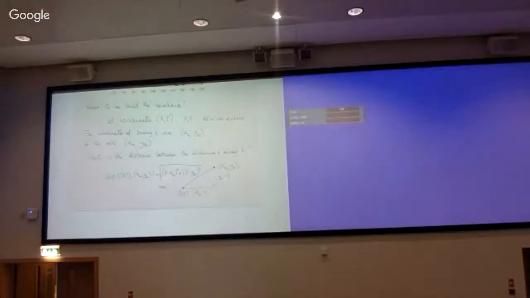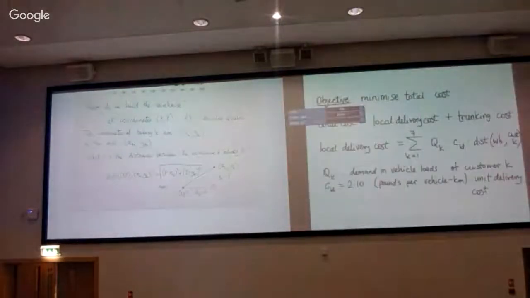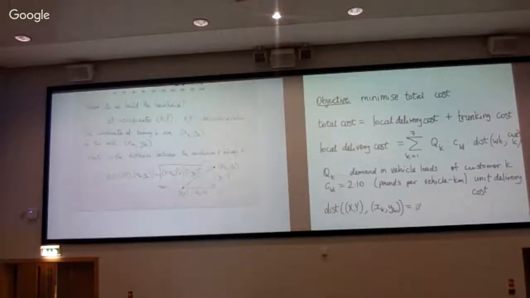So we've established that the distance of x, y, that's the warehouse, and customer k is given by Pythagoras, but what we're going to do is put some alpha here times the square root of xk minus x squared plus yk minus y squared. I've probably changed the order again, but as we've already clarified, it doesn't matter.